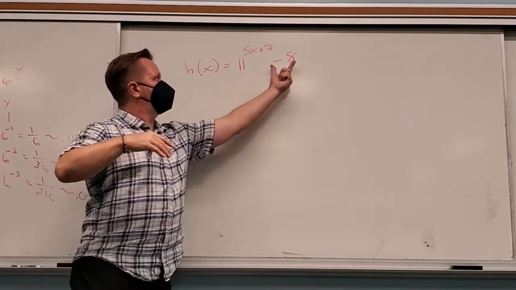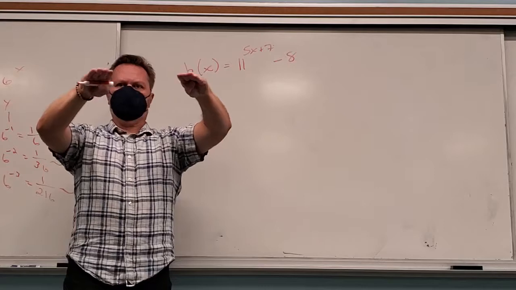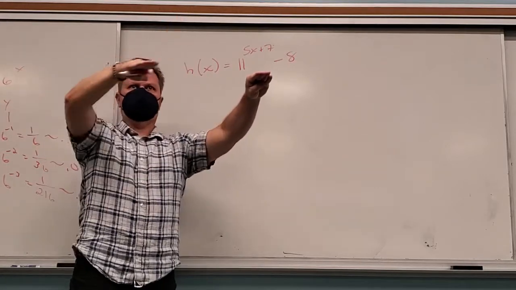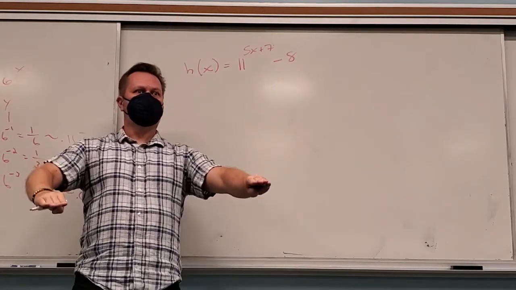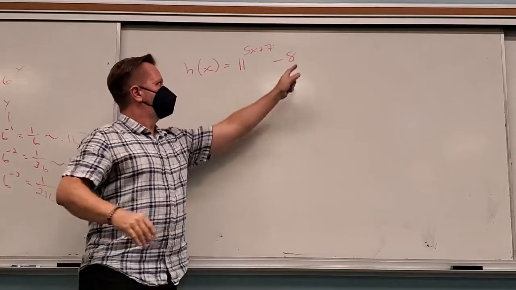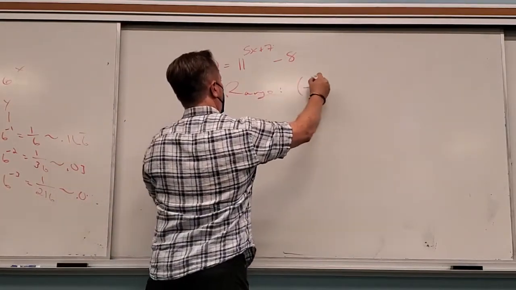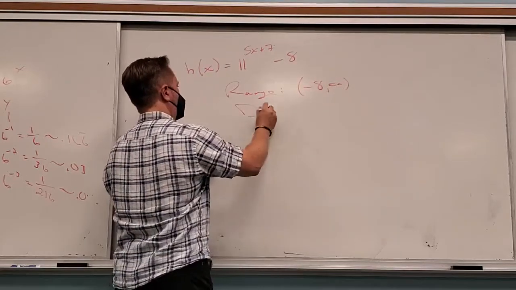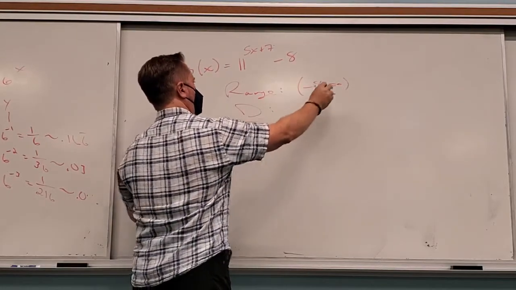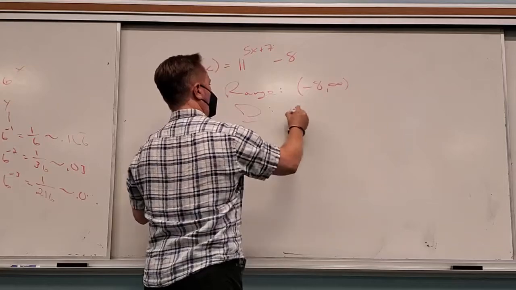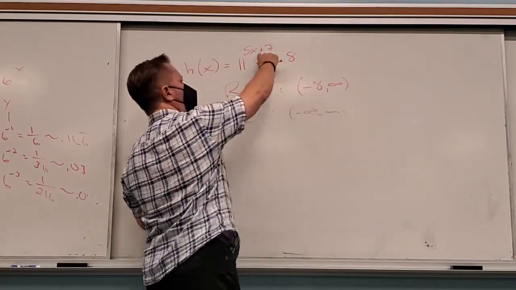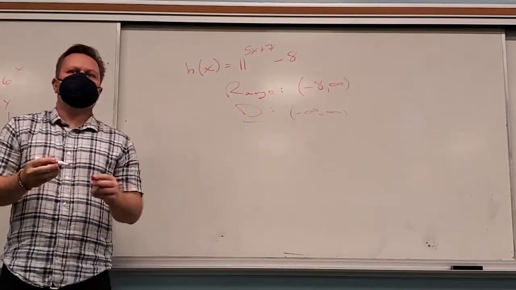So the minute I move it up or down, that little line that my curve has to exist above moves, right? So it moved down 8, so now the range is negative 8 to infinity. What's the domain? Yeah, I can plug whatever number I want up there. I can raise 11 to any power I want to.